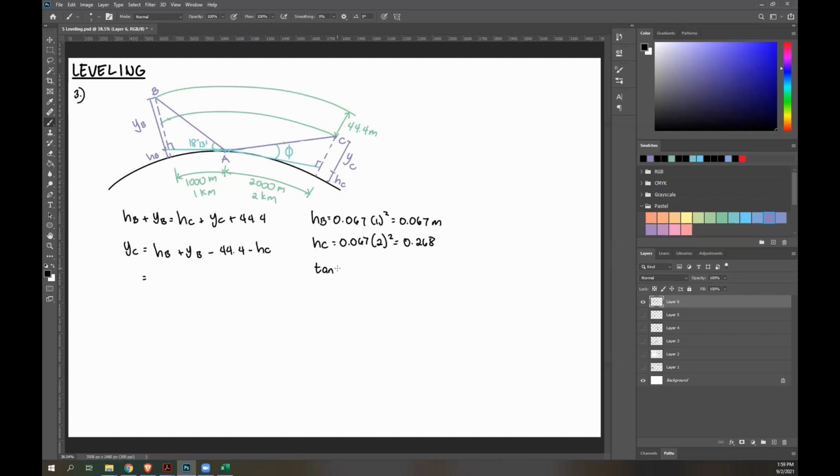So tangent theta, which is 18 degrees 13 minutes, equals opposite over adjacent. Opposite is your YB, which is what I want to get. Adjacent is this. Our measurements are in meters, right? Your HC, HB. So I'm going to use the measurement in meters for the distance between the points as well. Then from this, please solve what's YB.